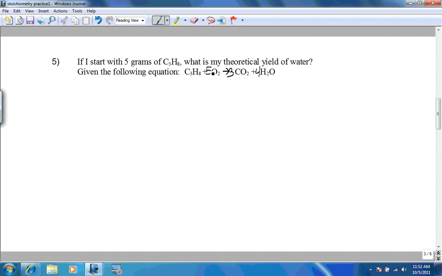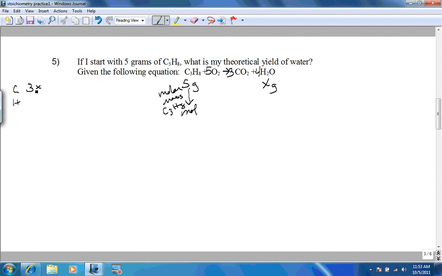Alright, if I start with 5 grams of C3H8, what's my theoretical yield of water? So, in order to get from C3H8 over to water, I have to get it into moles first. So I need to go to grams to moles. And by doing that, I'm going to use the molar mass of C3H8. So that means I have carbon and hydrogen.